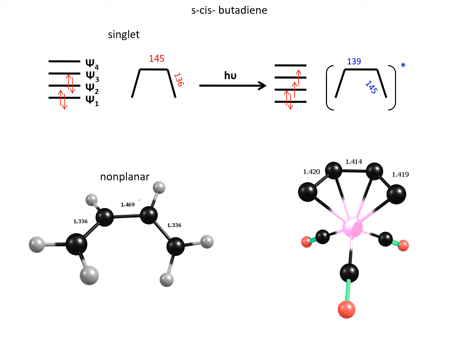It was 1.469 in the free butadiene, or 1.47, and it has become 1.414. Notice that a similar situation was encountered in the photoexcitation of butadiene. So, complexation of iron tricarbonyl moiety to butadiene results in a situation which is very similar to photoexcitation of free butadiene.